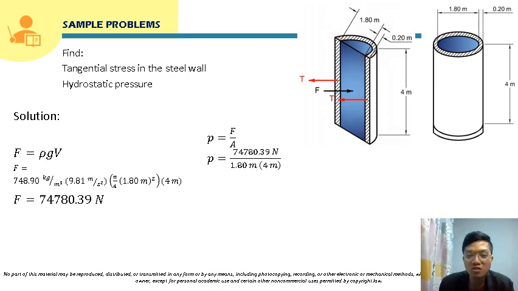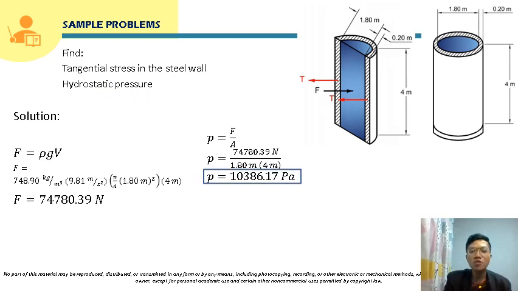So this will become 74,780.39 Newtons over the area, which is 1.80 times 4 meters. Again, class, you have to be very consistent with your units so that you will not get lost here. So the pressure here will now be 10,386.17. The unit is Newton per meter squared, or Pascal. So this is the hydrostatic pressure that we are solving here.